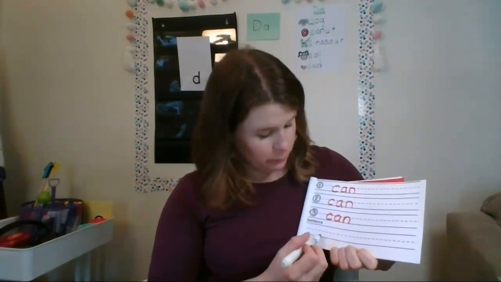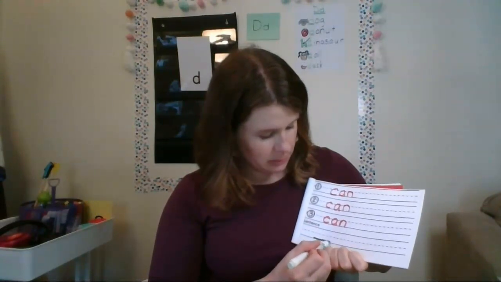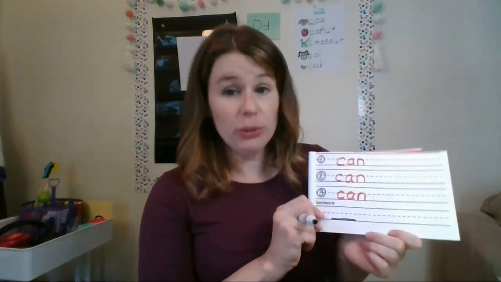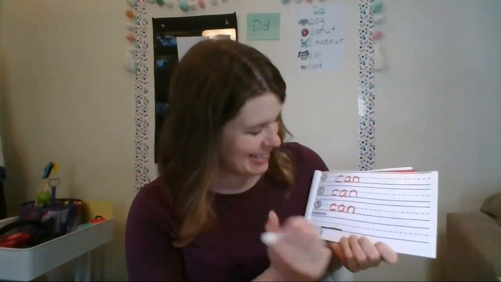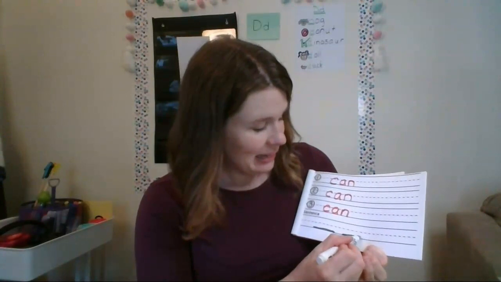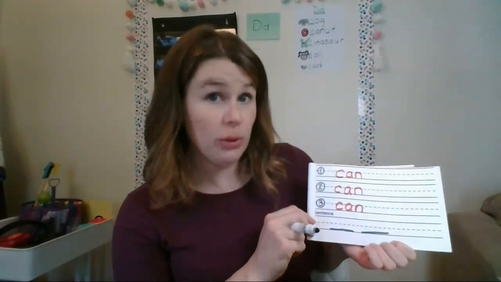So here's where we will write the word we. Ooh, we're ready for a new word, so we need a, shout it out, finger space. Can. Ready for a new word, we need a finger space.